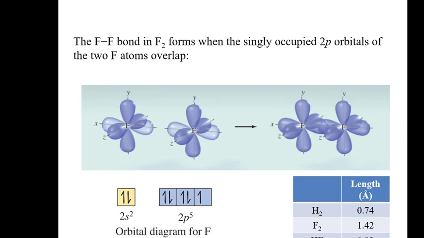Now you have the orbital diagram for fluorine, and you can see that the singly occupied orbital is a p orbital. So the overlap must occur between the two p orbitals. And this creates a larger distance between the two fluorine nuclei because of the shape of the p orbital. So now you can see why the distance there is almost double that of the two hydrogens.